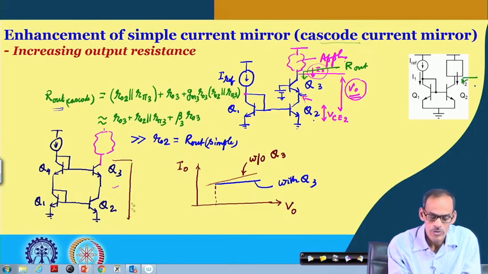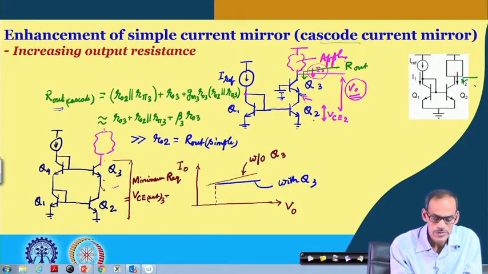For this case we require one VCE set, and that is equal to VCE set of transistor 3 plus this voltage, and if I go through this loop, it can be shown that this voltage and this voltage are equal.